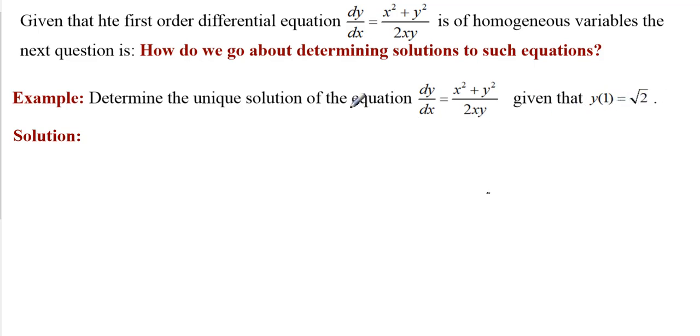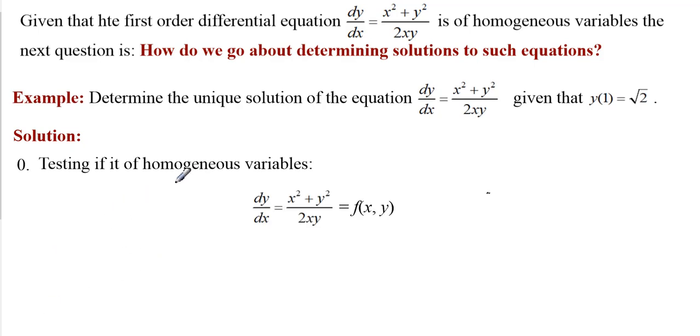If we suspect that it is an equation of homogeneous variables, then we've got to start by verifying first. So we've got to do the testing. The function we're given on the right hand side is x squared plus y squared over 2x.